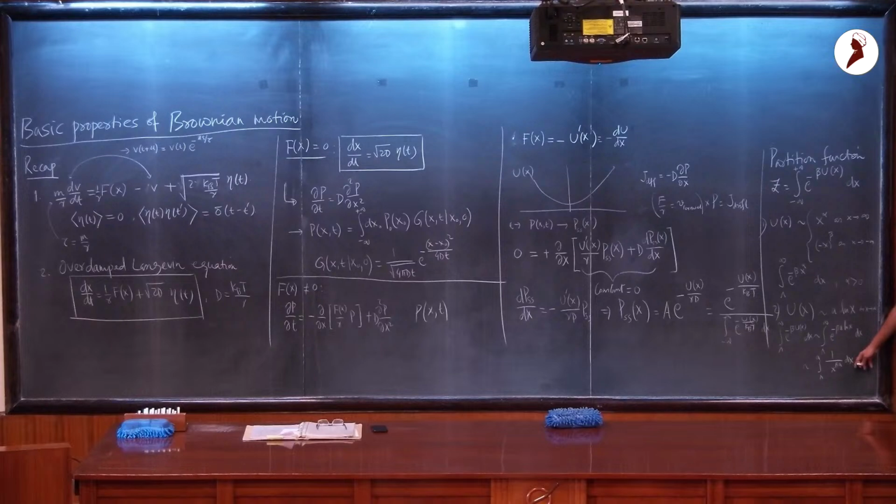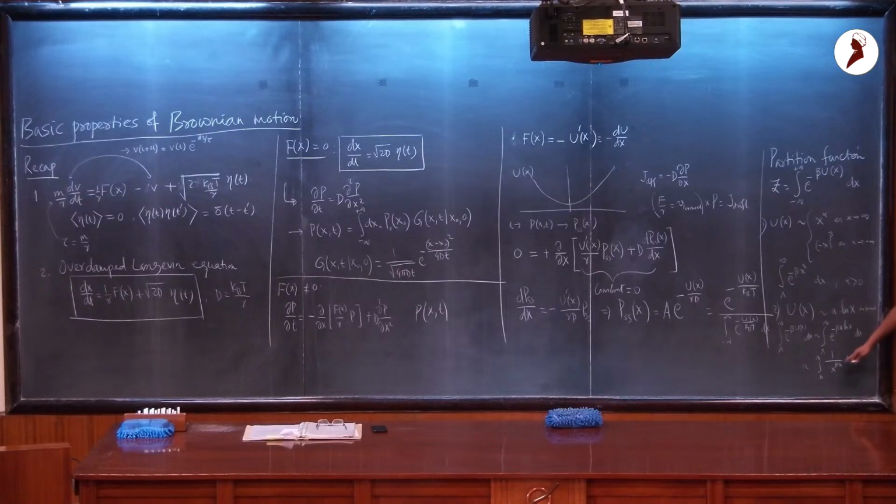So does this integral converge or not? I am looking at the large x behavior. So beta a should be greater than 1. If beta a is equal to 1, it is going to diverge logarithmically, and if it is less than 1, of course it is going to diverge as some x to the power something.